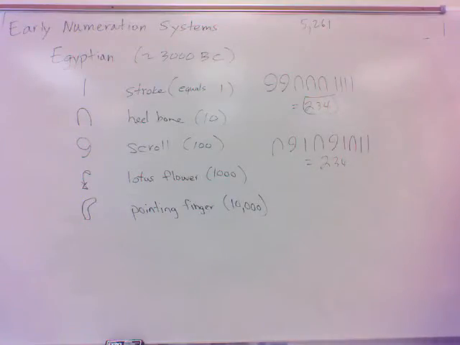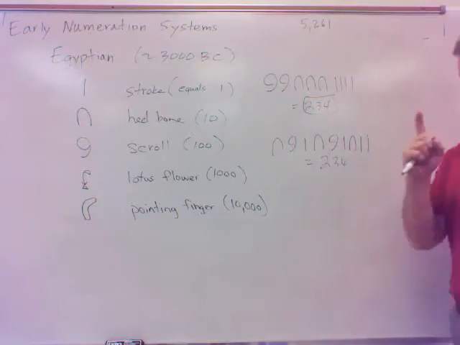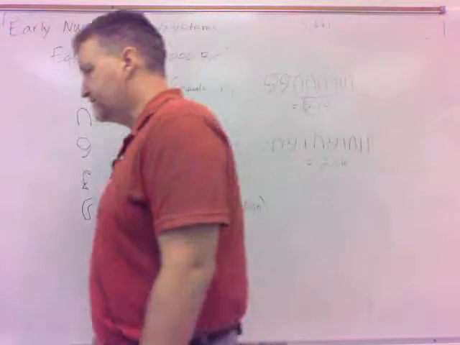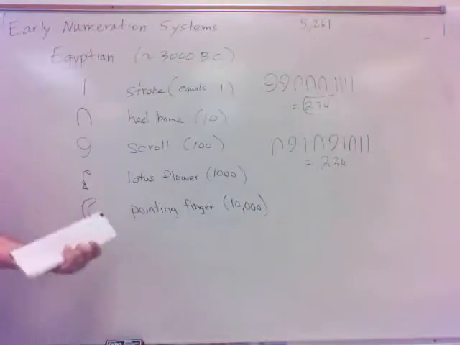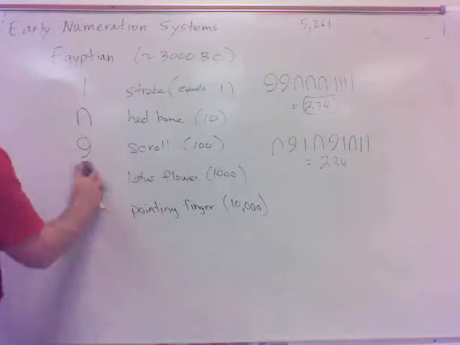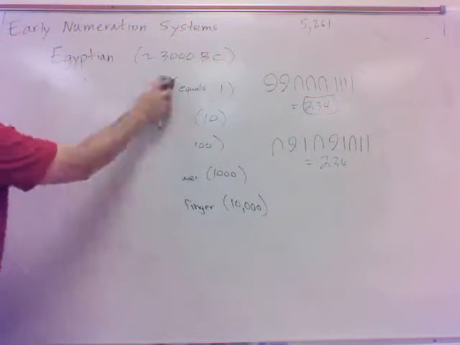So their system was less complicated, I guess you might say, than ours. One thing I like to point out on the Egyptians was they did have a rather nice way of multiplying. Of course, they didn't have calculators at that time, so they had to devise different ways of calculating stuff.